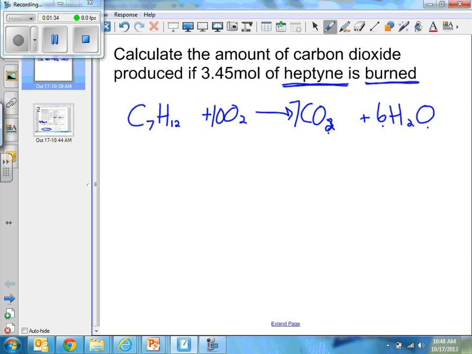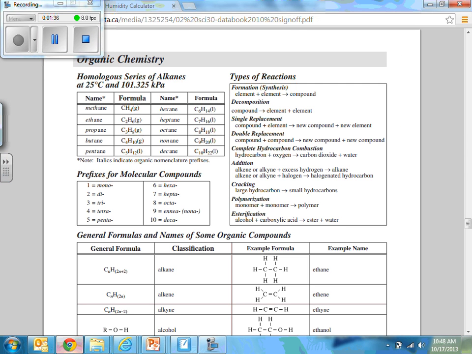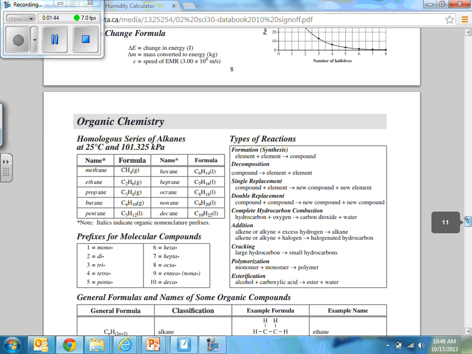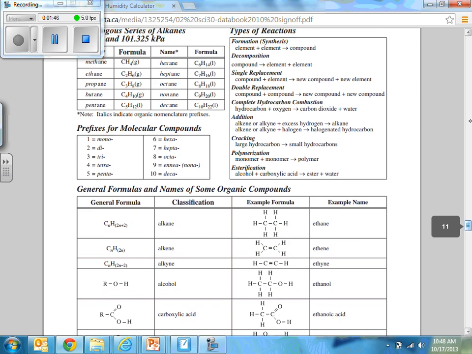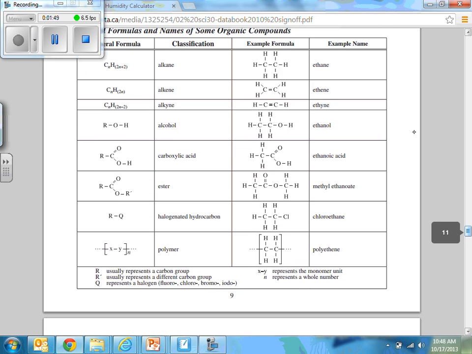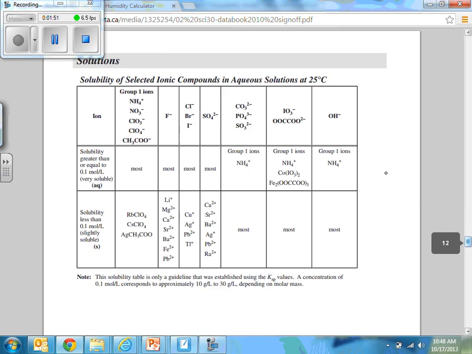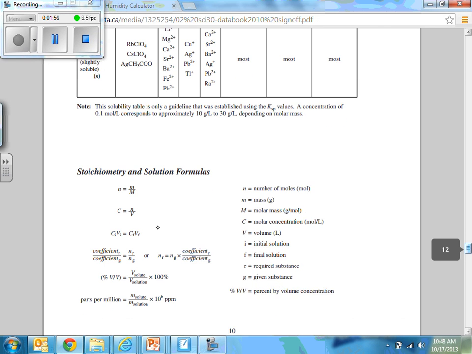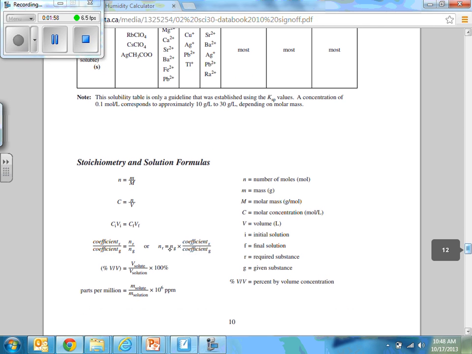Now for the rest of the equation, we're going to be using this formula from page 10 of our data books. Number of moles of my required is equal to number of moles of my given times coefficient of required over coefficient of given.